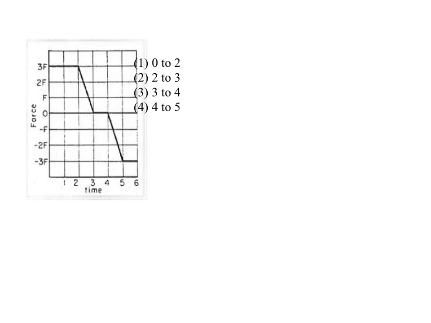Okay, so looking at this force versus time graph, we have to look for the interval where the velocity is constant. Okay, so when do we have a constant velocity? When acceleration is equal to 0. When do we have 0 acceleration? When our net force is equal to 0. That means our forces are balanced.